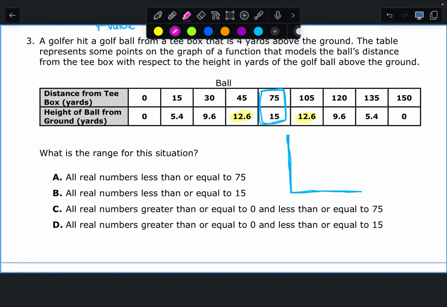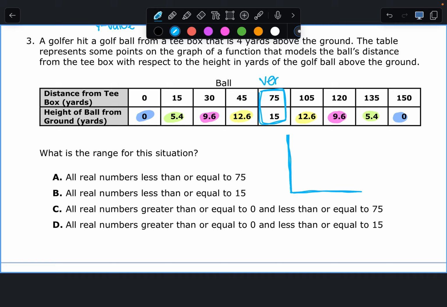You have the 12, 12. You have 9.6, 9.6. 5.4, 5.4. 0, 0. So this tells you that your graph, your parabola, goes up and then comes back down. We're hitting a golf ball, so that makes sense, right?